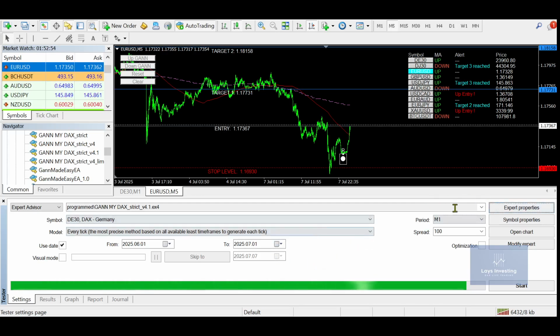I want to go through the parameters very quickly. These are the input parameters for the expert. I'm not using a spread filter, but you can if you want. For the lot size, I'm using 2% of the equity.